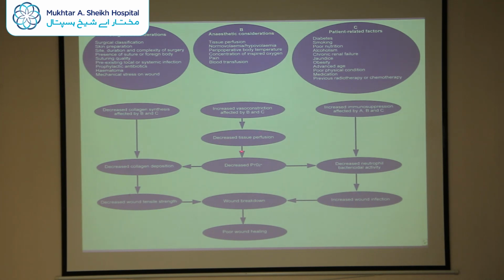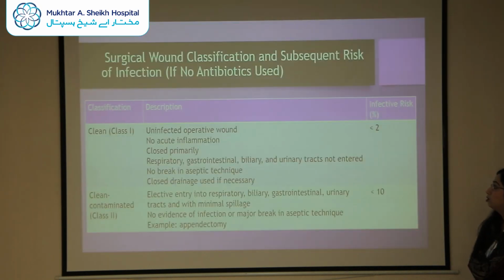Vasoconstriction again leads to both decreased collagen deposition as well as decreased neutrophil activity, which again leads to the same course. Infection because of increased immunosuppression because of any of these three factors could result.